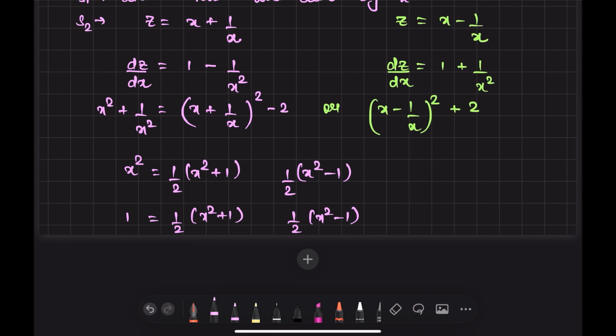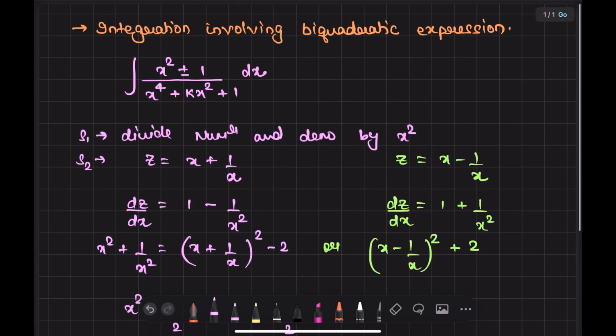You want x square. If we add, we will have the x square component, correct? The minus 1 by 2 and plus 1 by 2 will be neutralized, but if we subtract, we will get 1. Okay, so this thing will help you in this kind of question.